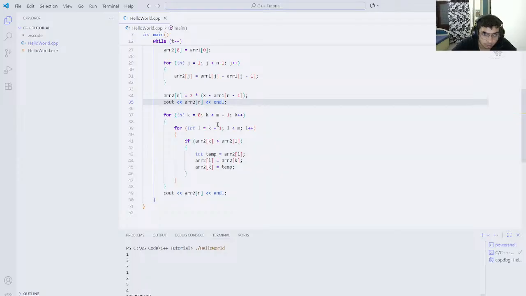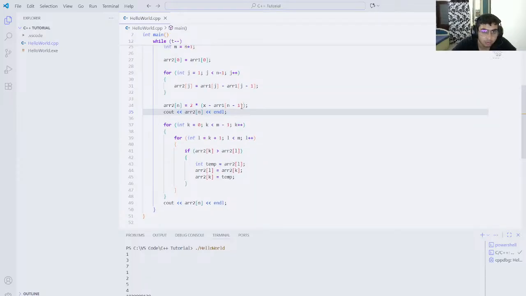This is right, since I've done that, it is giving me 4. 4 is right. So definitely the issue is somewhere around here.